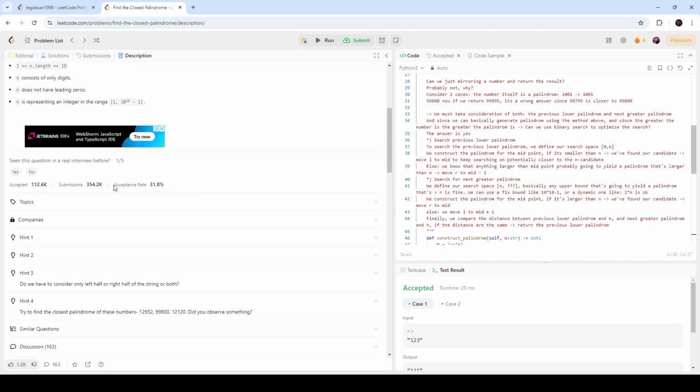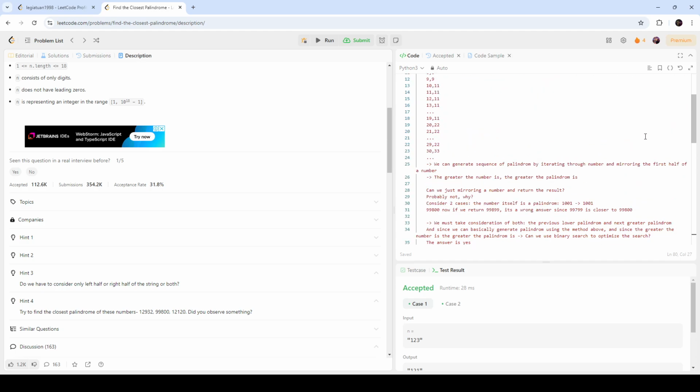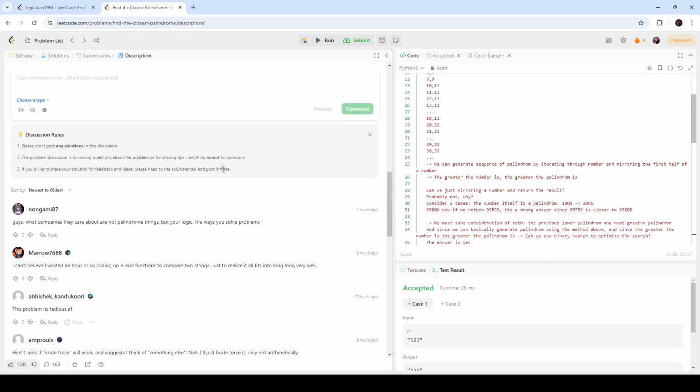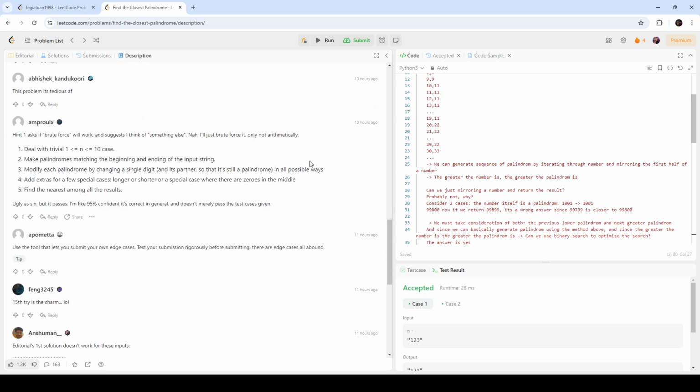Yesterday, the acceptance rate for this problem was actually 20%. So don't feel bad if you cannot digest the logic behind it, because I had to skim through the discussion section a whole lot before having enough intuition to actually solve the problem.